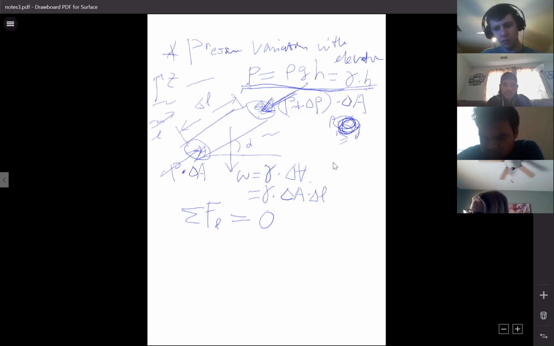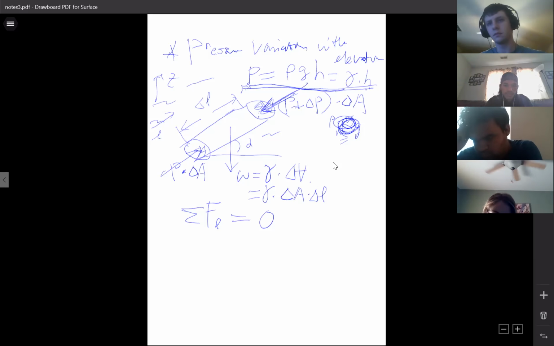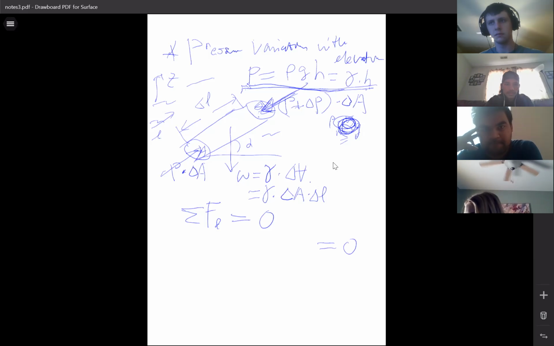Now, expand this equation for me. Summation of force along the L direction equal to 0. Can you write down an expression to expand this equation? Your job as an engineer is step-by-step, follow rules, follow procedures.